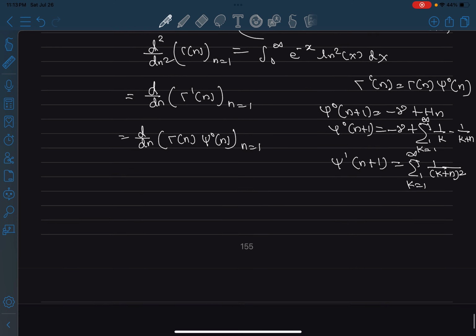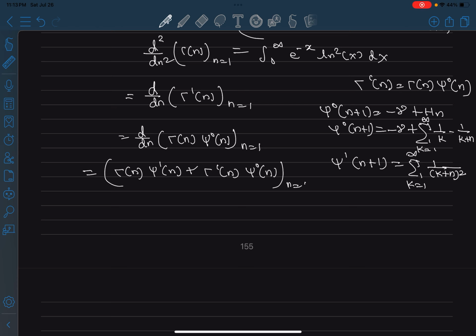Now, what you can basically do is again differentiate using the product rule. So you will have gamma of n times the derivative of digamma, which is just trigamma, plus gamma prime of n and digamma just as it is, and the whole thing at n equals 1. Again I can write gamma prime as gamma times digamma, so there are now two digammas.